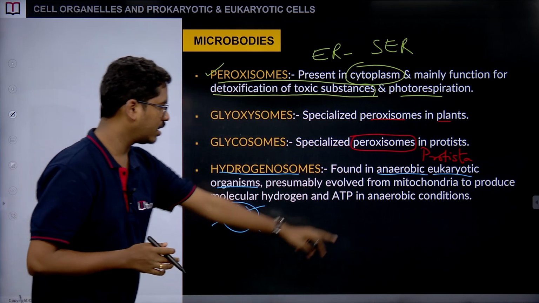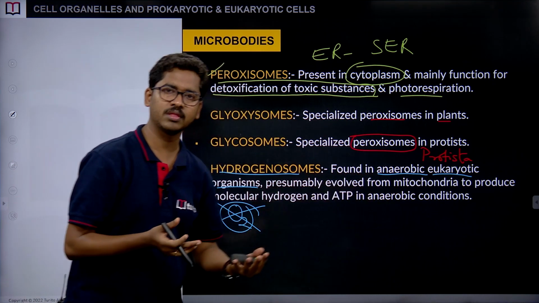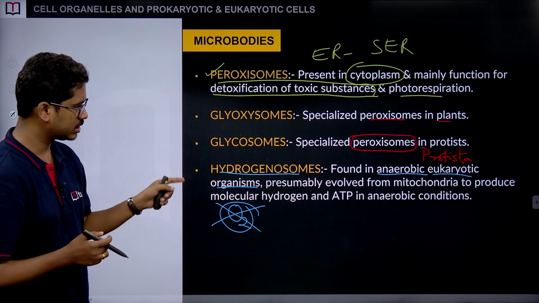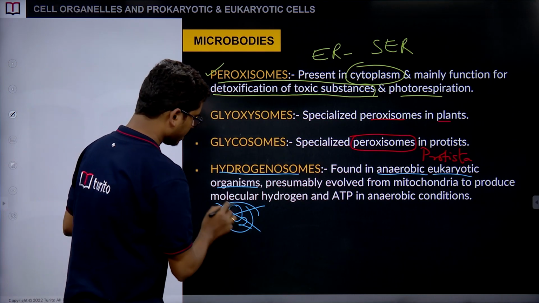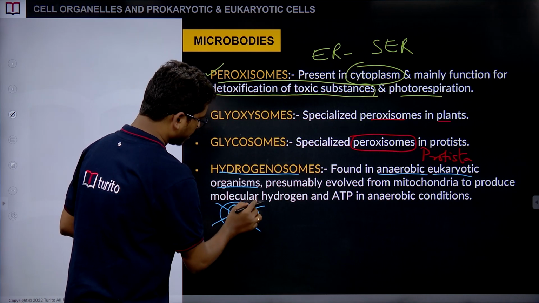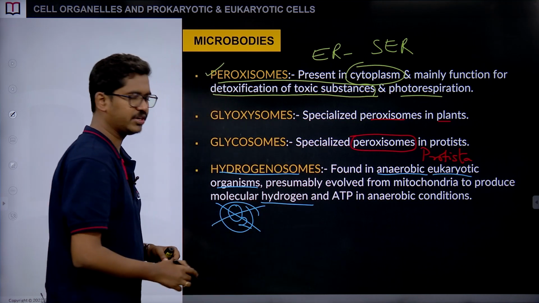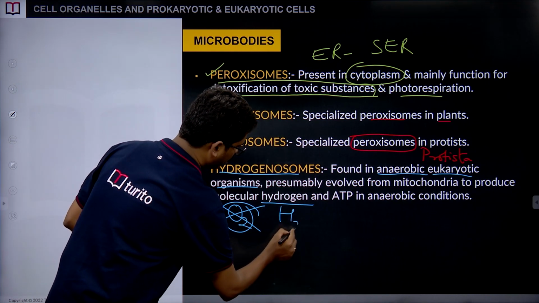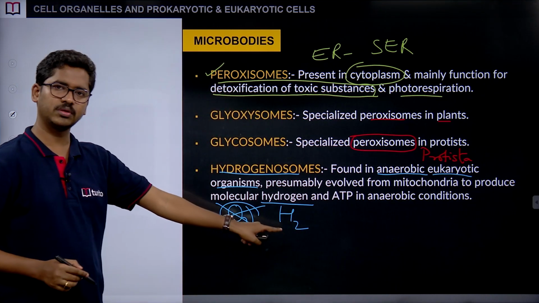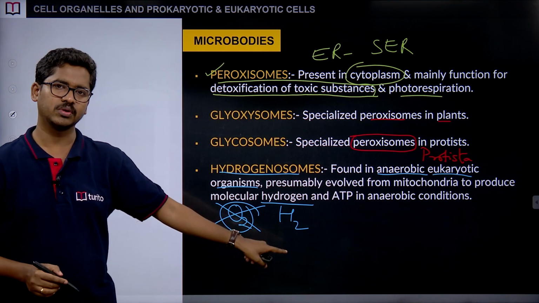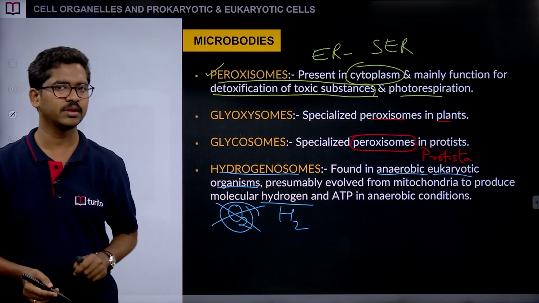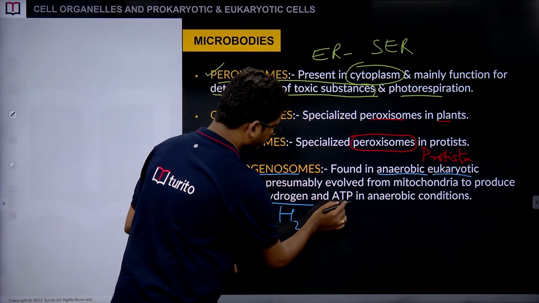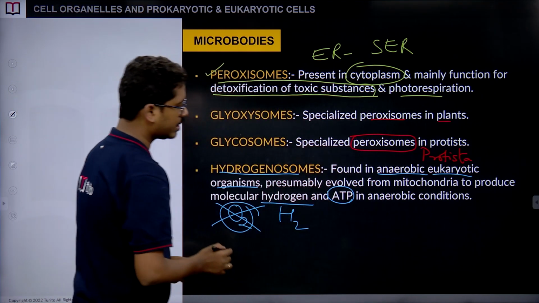I know I am saying anaerobic organisms and again saying mitochondria, but you must understand why. This microbody has the ability to generate hydrogen in the form of H2. H2 is not an atom, H2 is a molecule. Second reason is it has the ability to form ATP.